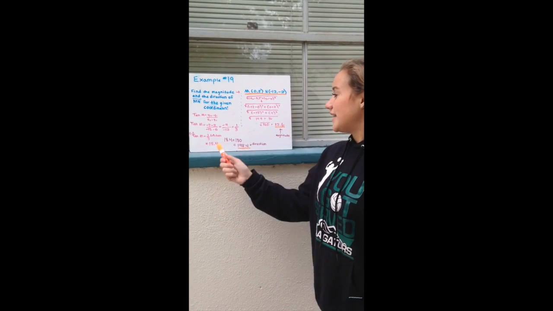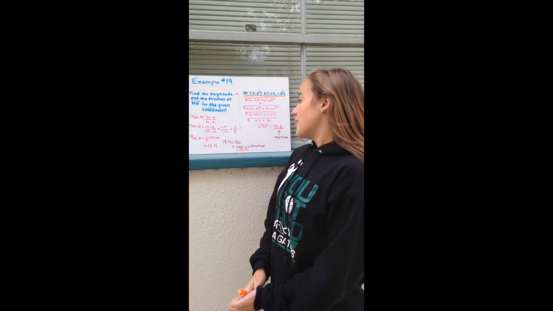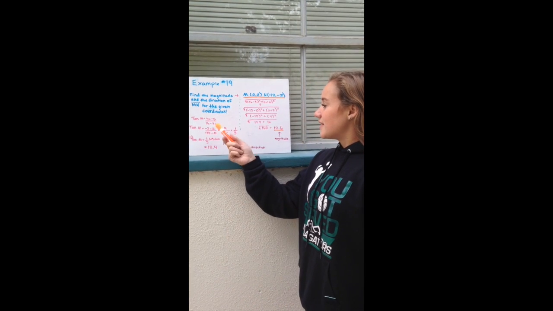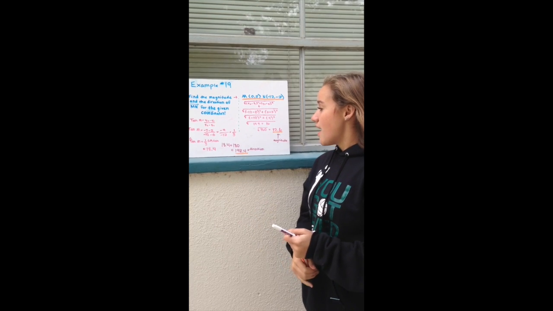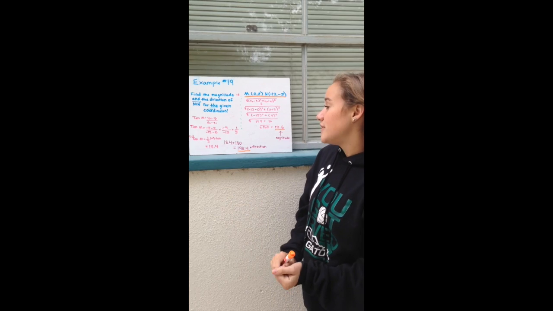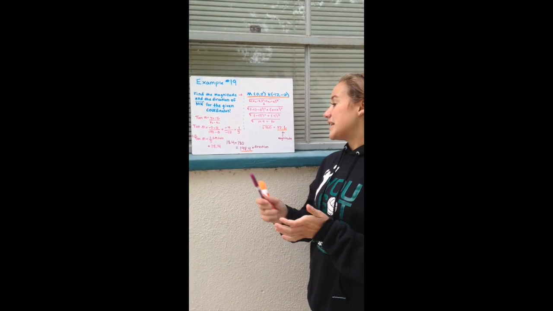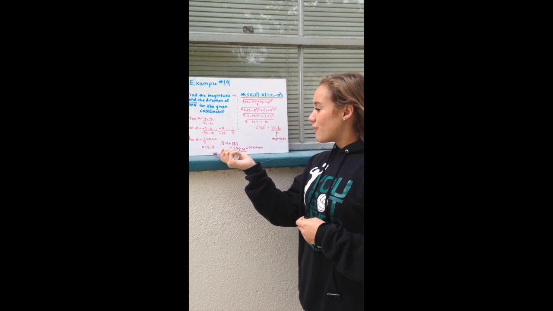So we're going to do negative 2 minus negative 2 over negative 12 minus 0, and after you get that, it's going to equal negative 4 over negative 12, and since those are both negatives, it's going to equal 1 over 3, since we can simplify it. And then we still have tan N equal to 1/3. And so we're going to do inverse tan, so we can move it to the other side. And after you do that, you're going to get 18.4.